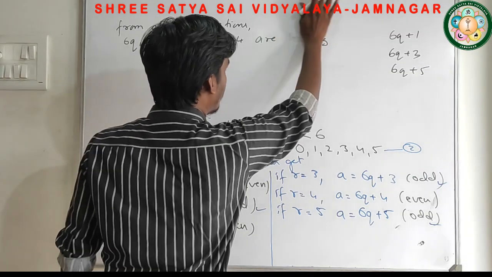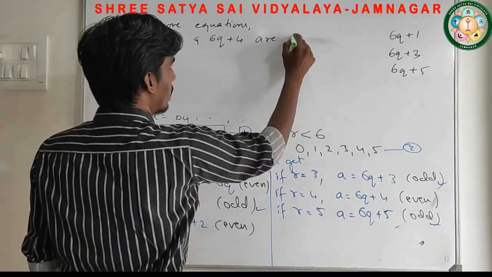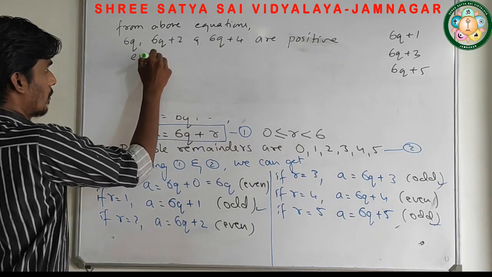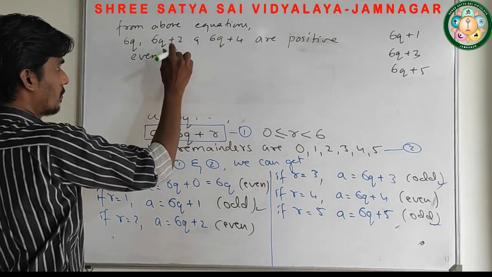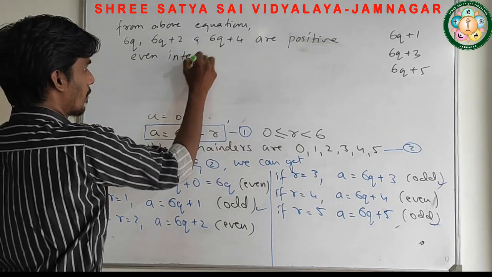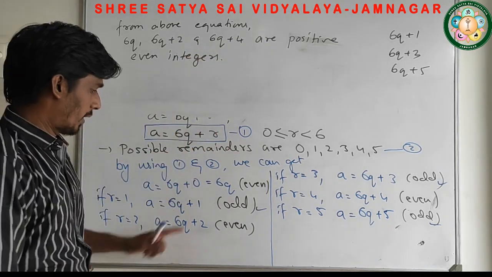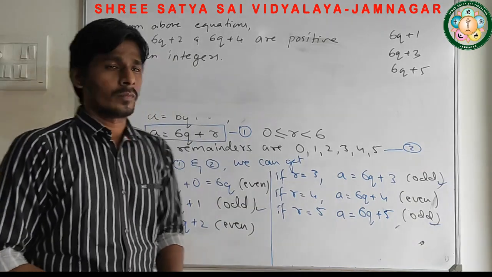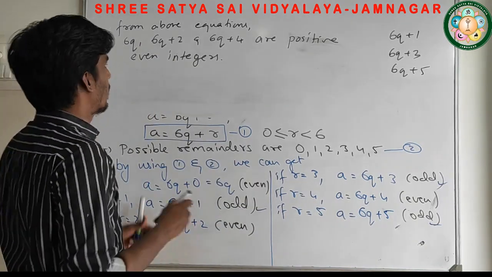Are not having, are positive even integers. तो ये जो तीन केसेस 6q, 6q plus 2, 6q plus 4 are what? Even integers.